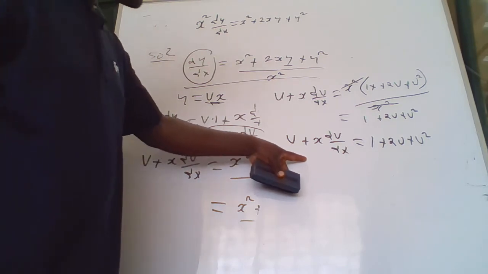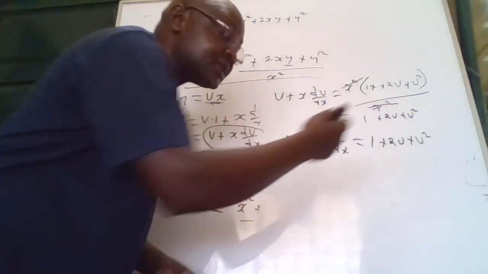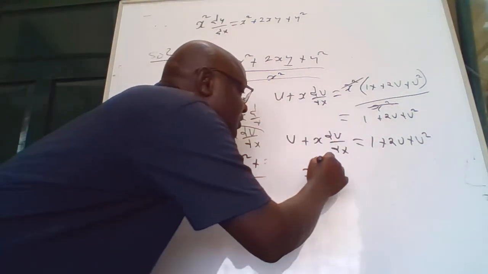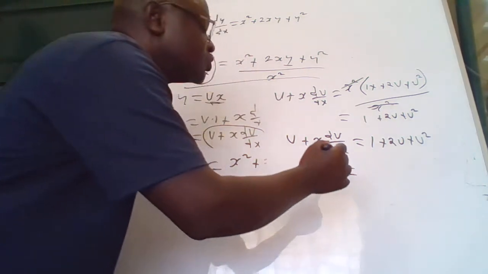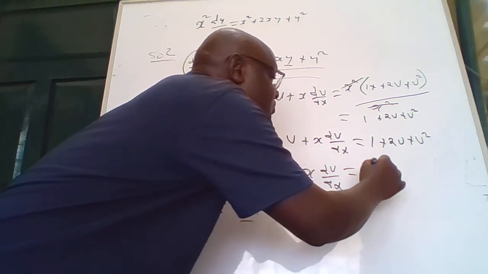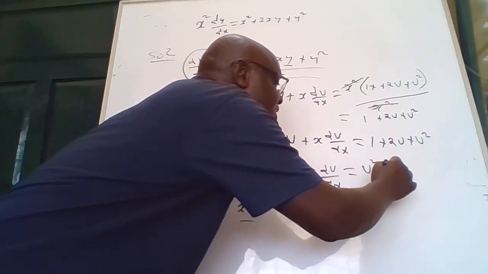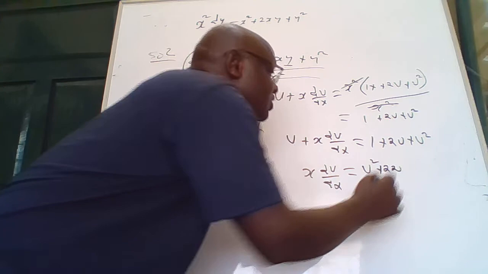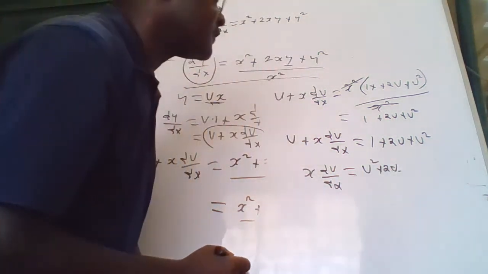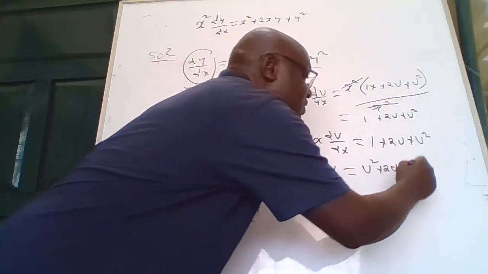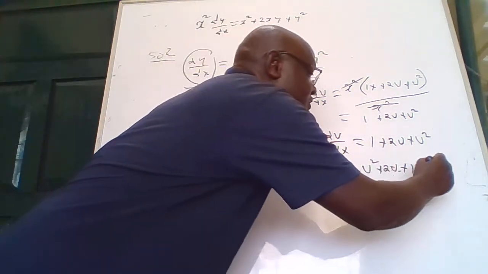Now from here, v crosses to the other side, so we have x dv dx equals v squared plus 2v plus 1 minus v.